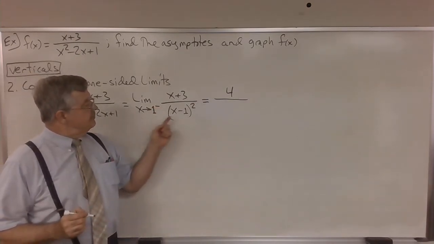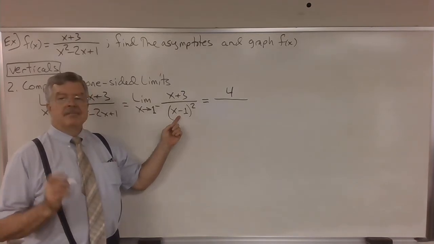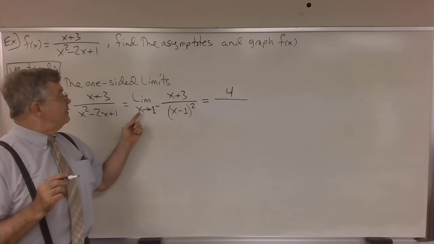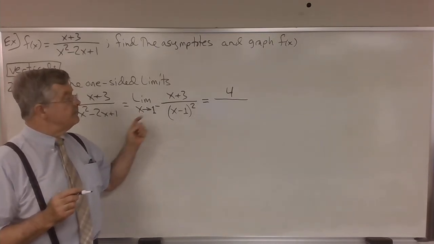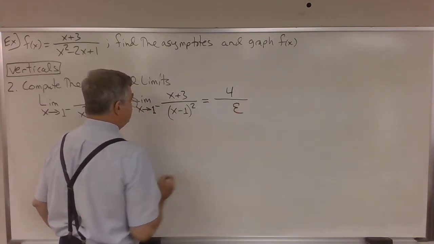As x approaches 1, what happens to x minus 1? Doesn't that go to 0? But it never actually gets there because x never actually becomes equal to 1. So I'm going to put an epsilon here.